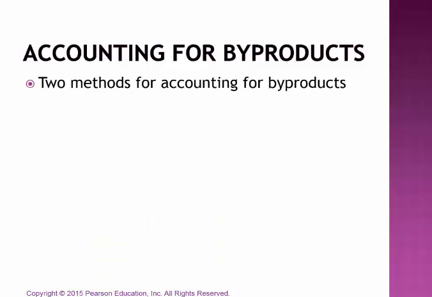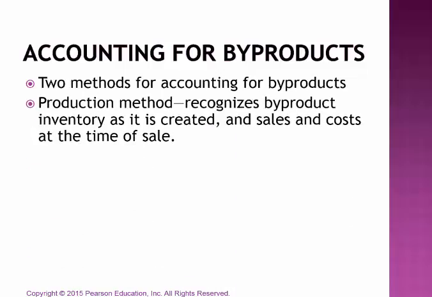But we are going to go through and see two different methods that are utilized to account for these byproducts. We have one called the production method, and it recognizes the byproduct inventory as it is created and the sales and the cost at the time of sale. Notice that it says the sales and the cost at the time of sale.